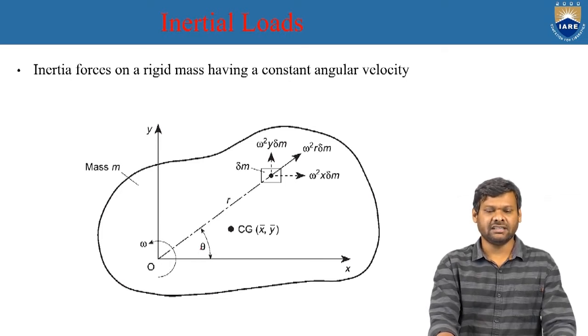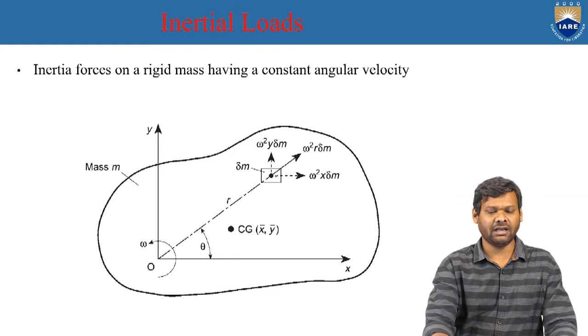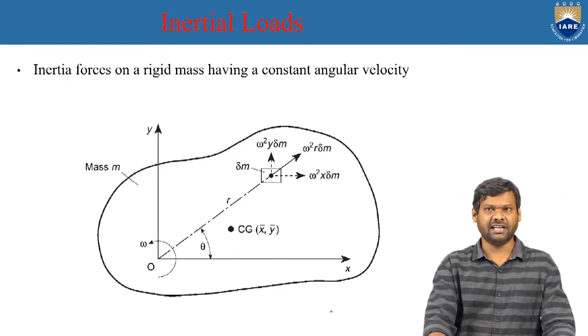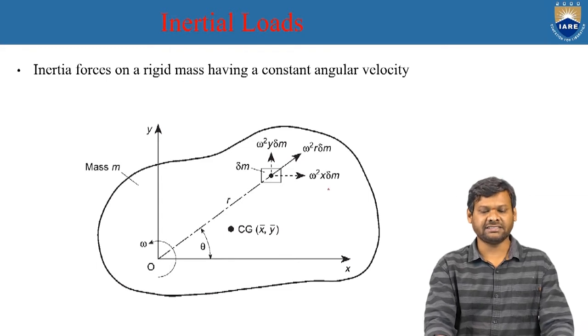As a result, there is a centrifugal force acting on the rigid body, directed away from the body, given by omega square r delta m. Omega is the angular velocity of the body. This is the case when there is a uniform angular velocity, and this force can be resolved into the x and y components as omega square x delta m and omega square y delta m.